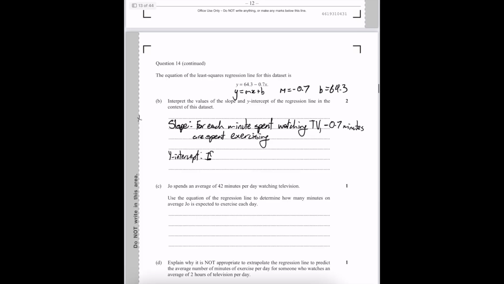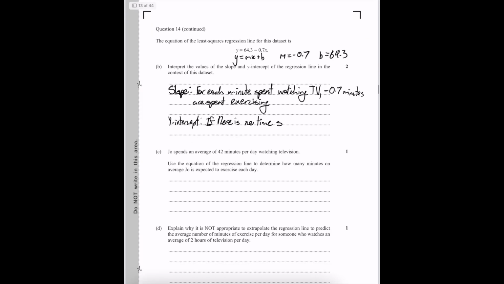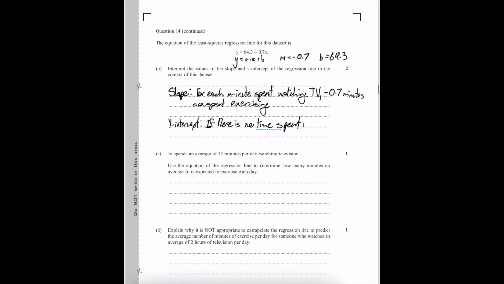So if there is no time spent watching TV, the time spent exercising is 64.3 minutes. Okay, that's essentially what we can say there.